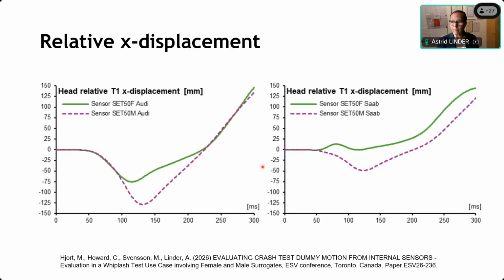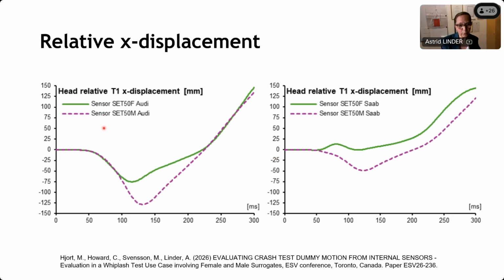Just to shortly also show what you find in the paper about head relative to T1 displacement, both in horizontal plane and angular motion, because we want to capture the differences in dynamics that you saw in the videos.